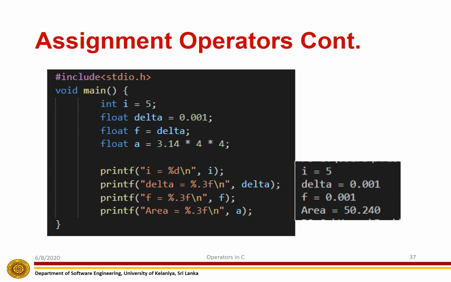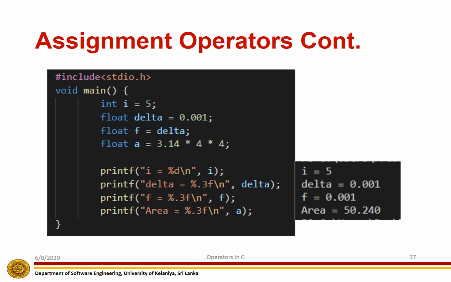So first I want to print i. The i value is directly given, i equal 5. Then it will print i equal 5. Then I want to print delta. The delta value also is given as a float value 0.001. So it will also print delta equal 0.001.